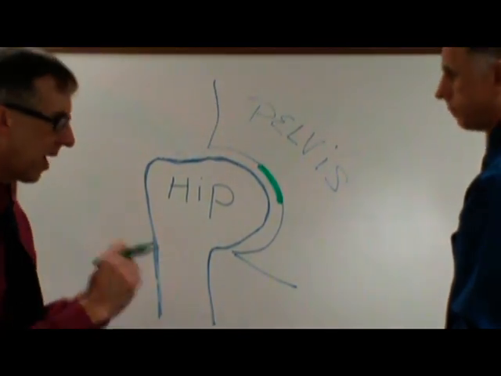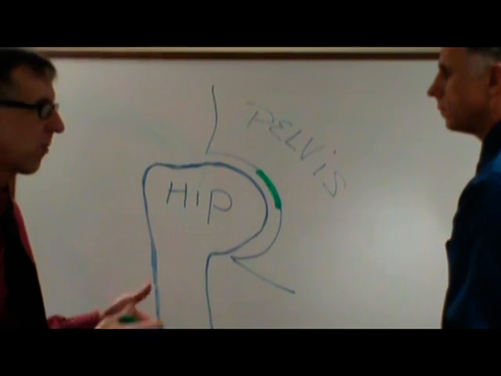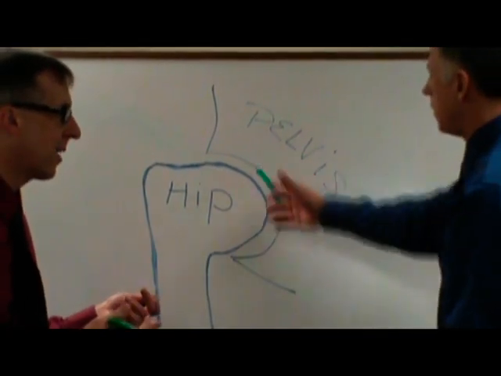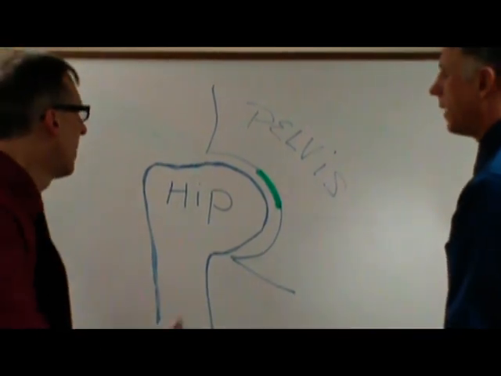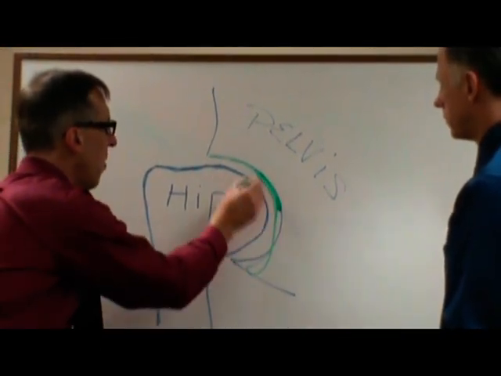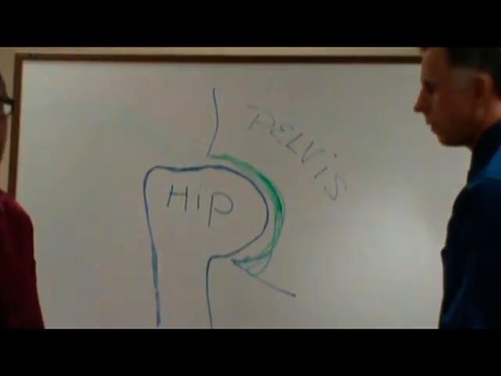And because you're not moving it much, the synovial fluid isn't being produced or used like it should be. If you do full range of motion, you spread the forces out through the whole hip, and it's going to stay healthy longer and feel better.